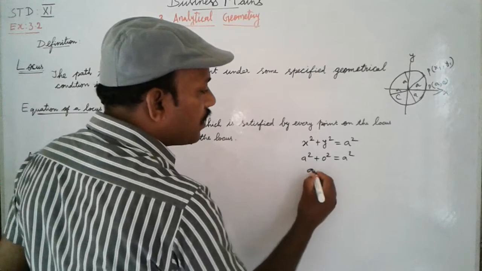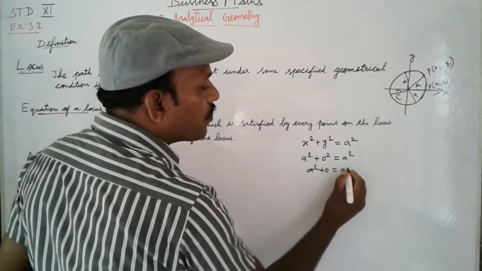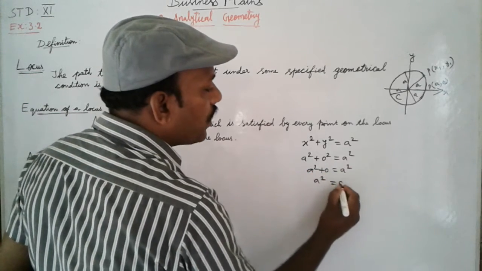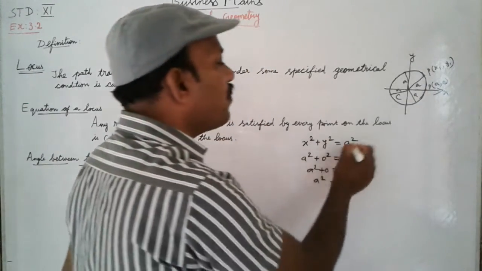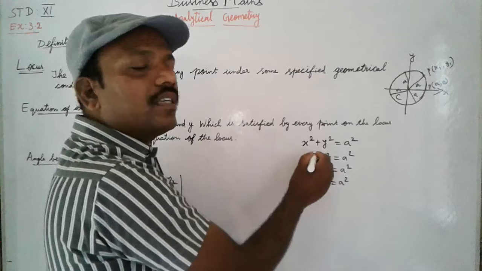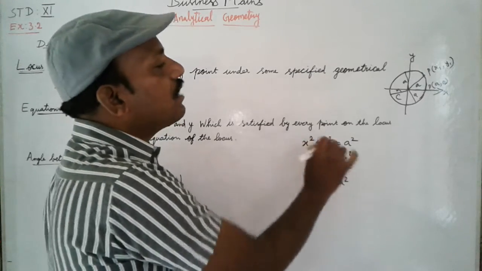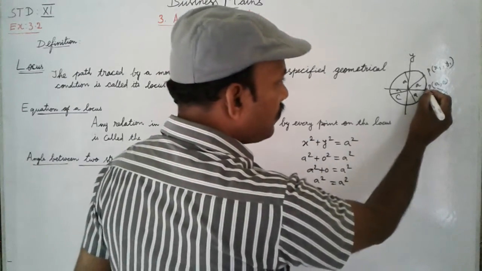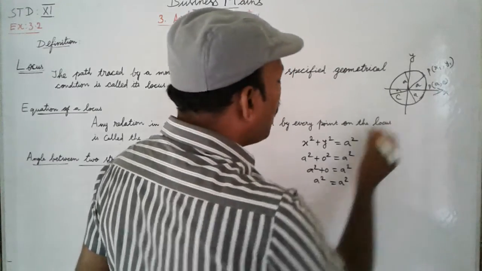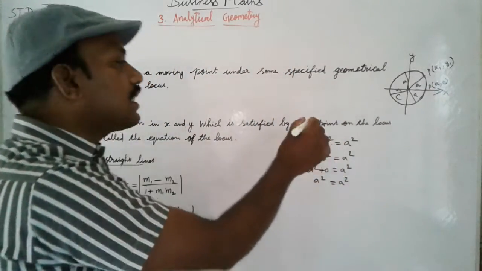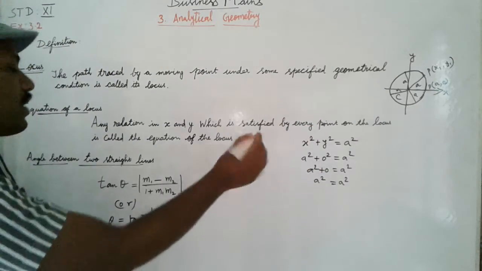Therefore a square plus 0 equals a square. So this point satisfies this equation. So any point we take on this circle circumference satisfies this equation. This is called the equation of the locus.